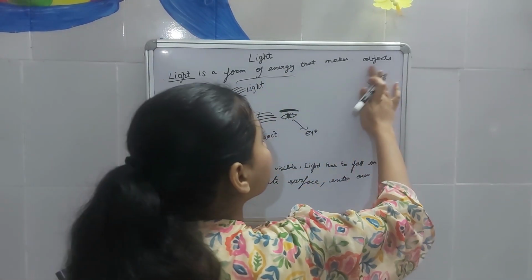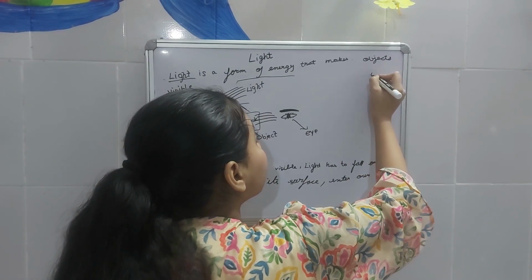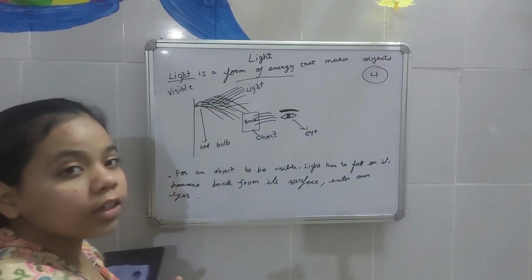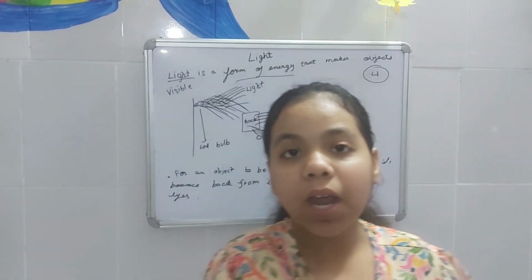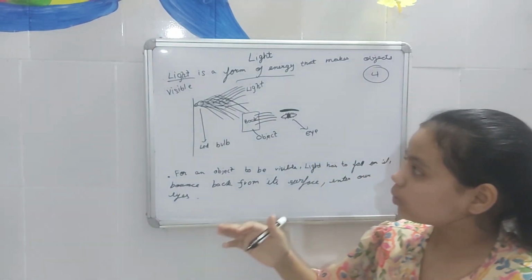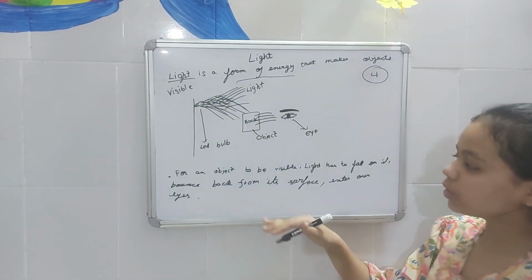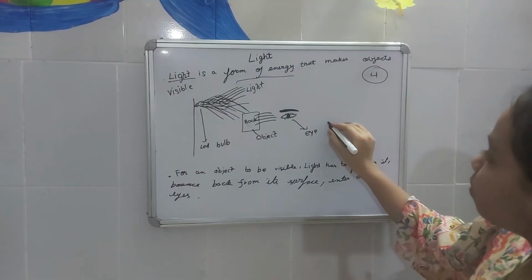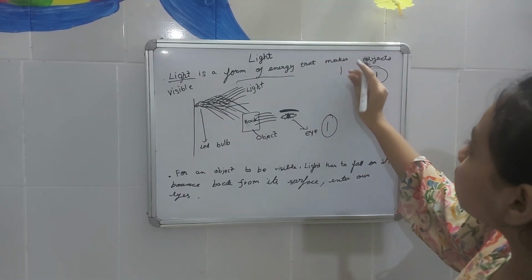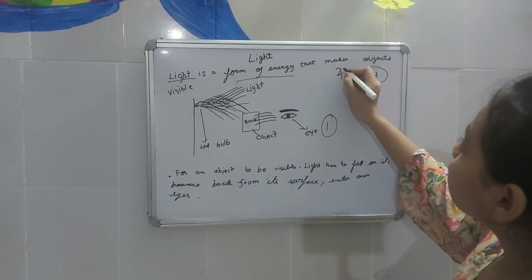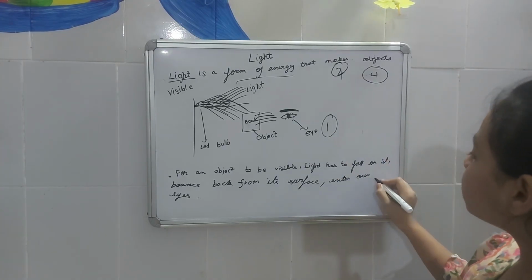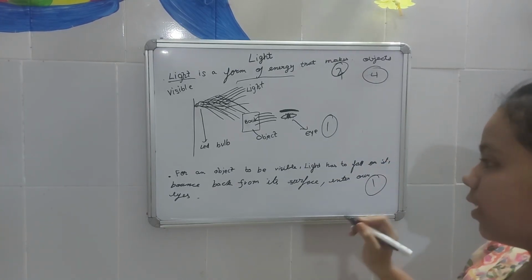But if they are asking for 4 marks, then your representation matters a lot. So you can draw this also and this also. You will get 2 marks for this, 1 mark for this, and 1 mark for this.